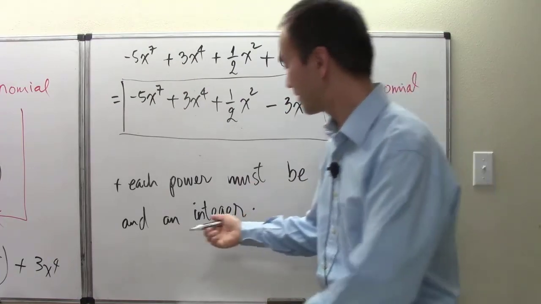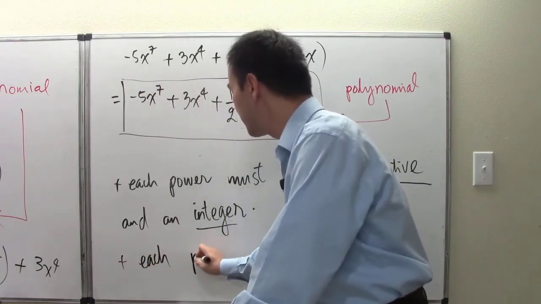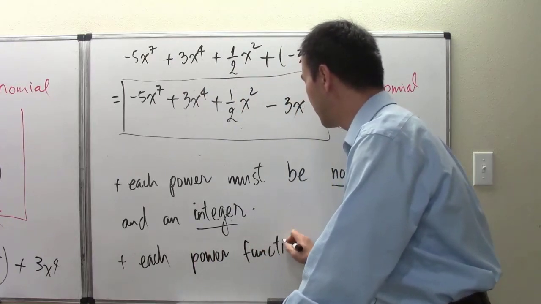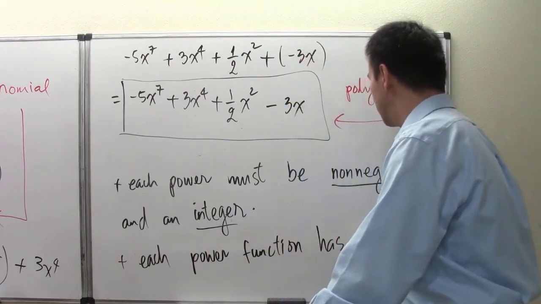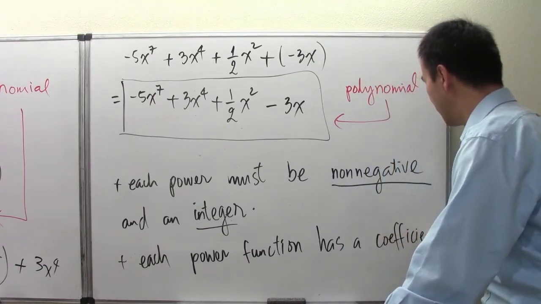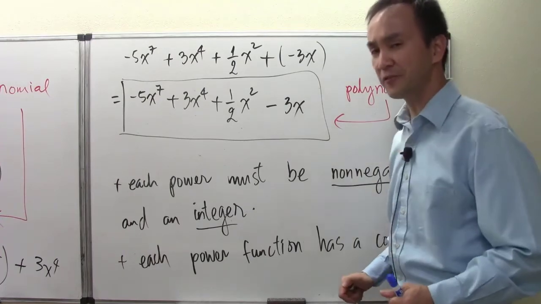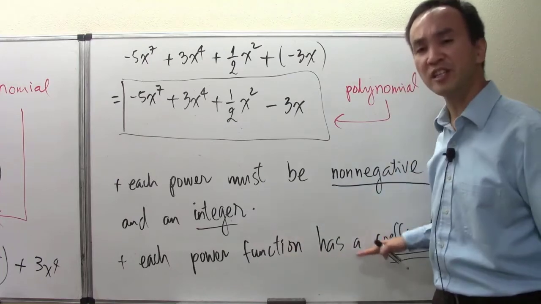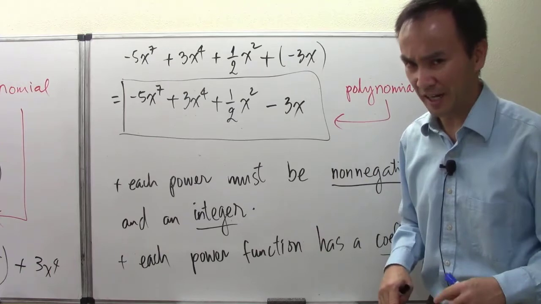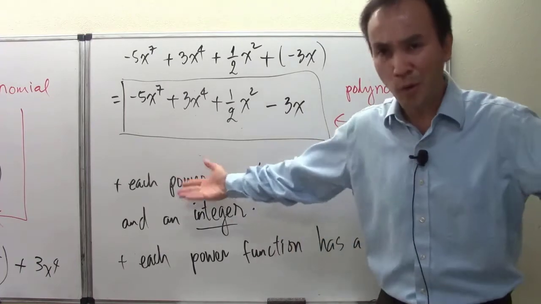So each power function has a coefficient. And there are even times when I'm teaching a face-to-face class that I forget to mention this last statement, and my students click through just fine, because even if I forget to mention this last detail, of course it's the way it is.